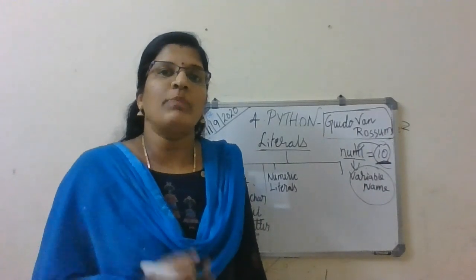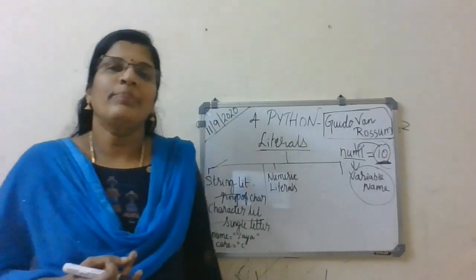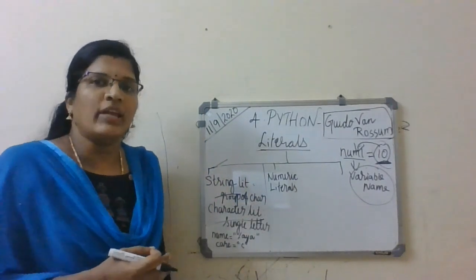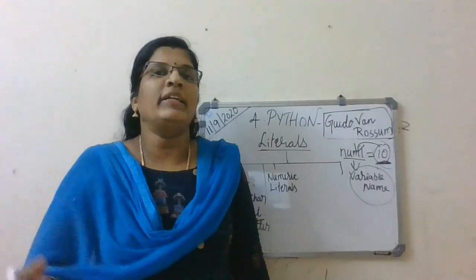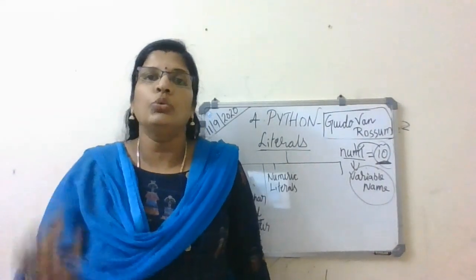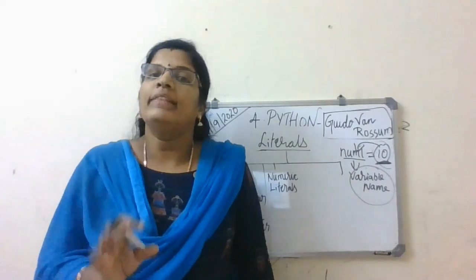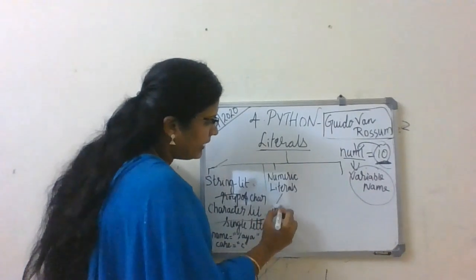You can give three types of numbers: integer, float, and complex. Integers mean whole numbers: 10, 15, 20, 23, 28, 100, 120, 1000, 2 lakh, 3 lakh, anything you can give. That is integers.